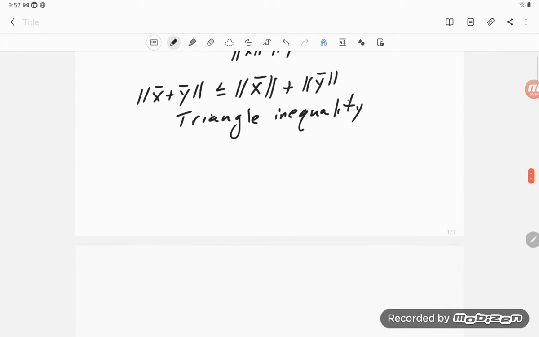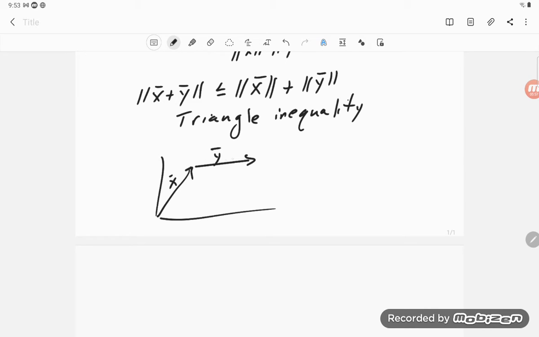And the reason it's called the triangle inequality is geometrically, right? If I take a vector x here and I add to it, well, that was kind of cool. Somehow I snapped that into a straight line. Not sure how I did it.